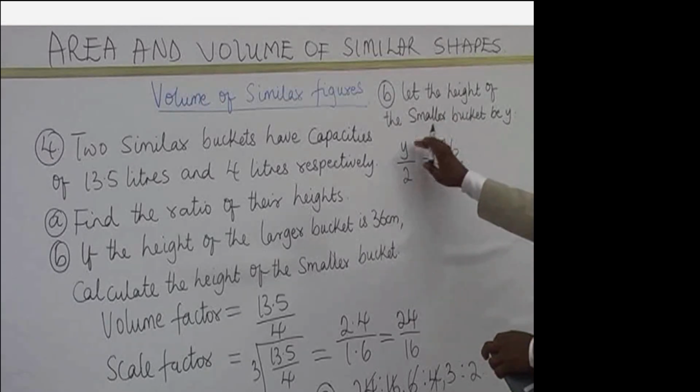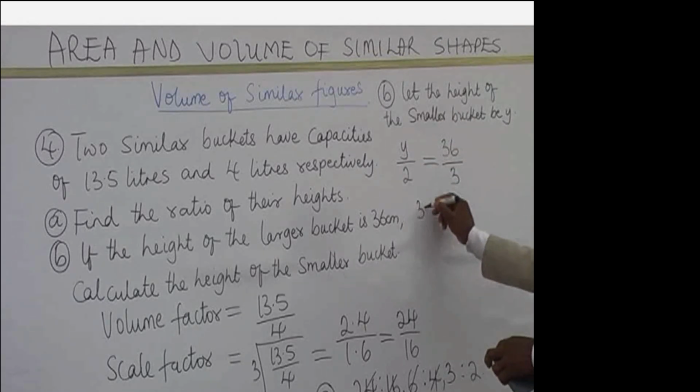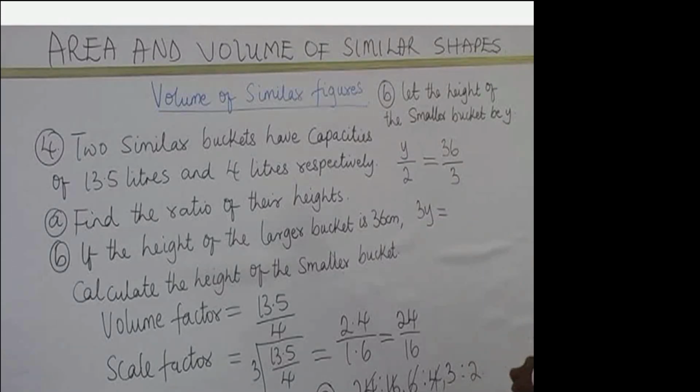Cross multiply here, y times 3 will give you 3y. And it's going to be equal to 2 times 36. 2 times 6 is 12. Raise 1. 2 times 3 is 6 plus 1. That's 7. If you divide both sides by 3, you'll be left with only y on the left hand side. On the right hand side, you have 72 divided by 3. 72 divided by 3 is 24.